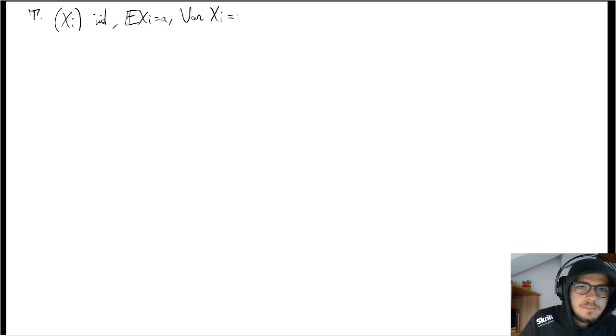Let me try it again. So Xi IID, common mean, common variance, then Zn, which is Sn minus na over root of nb, converges to a normal 0, 1.